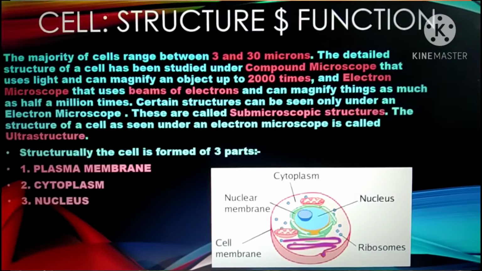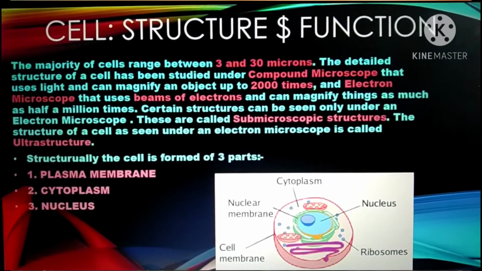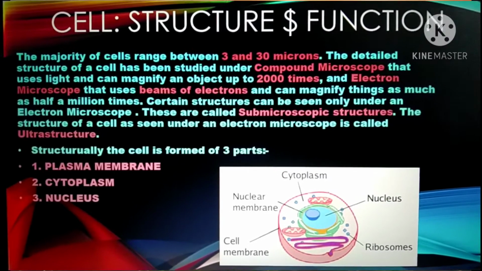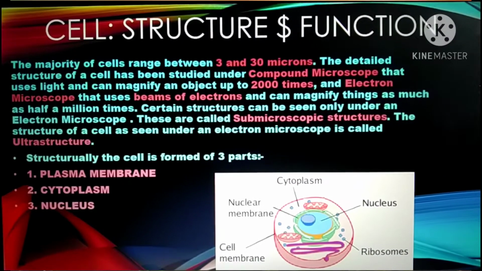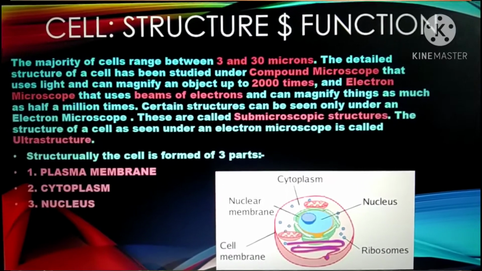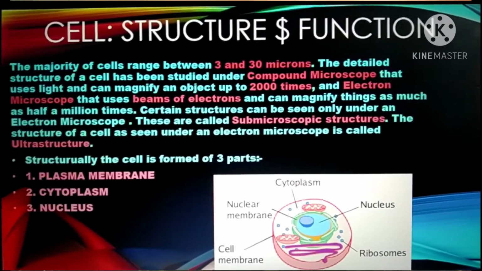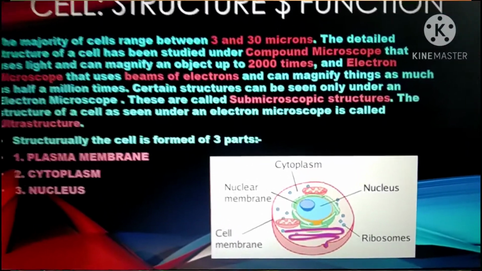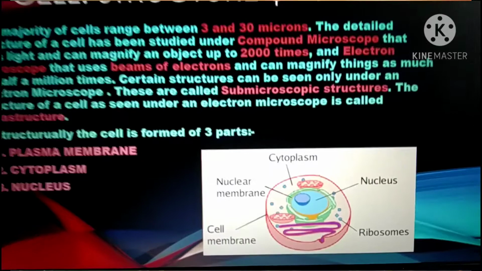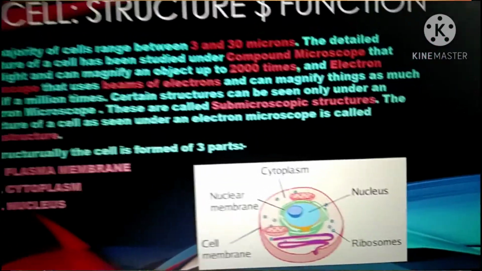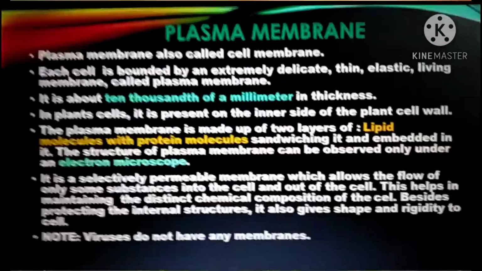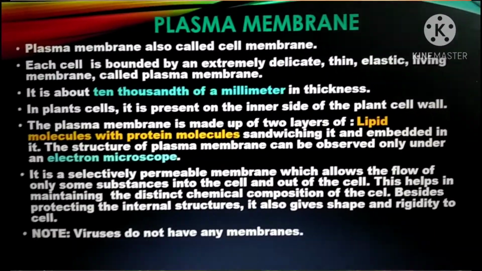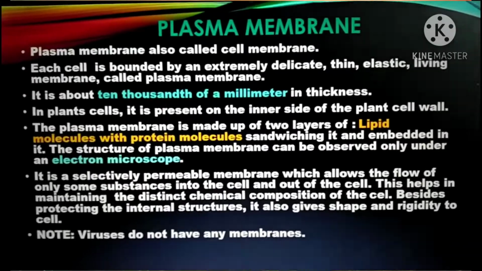As you can clearly see in the diagram, the dense liquid is the cytoplasm, the red outer lining is the plasma membrane or cell membrane, and the dense central sphere that you can see dissected is the nucleus. We are going to discuss each in corresponding videos so that it is simple to understand.